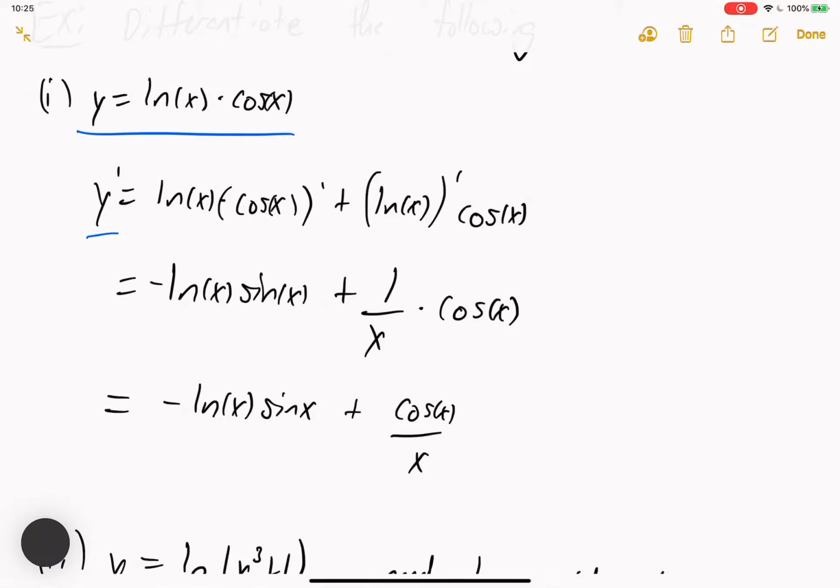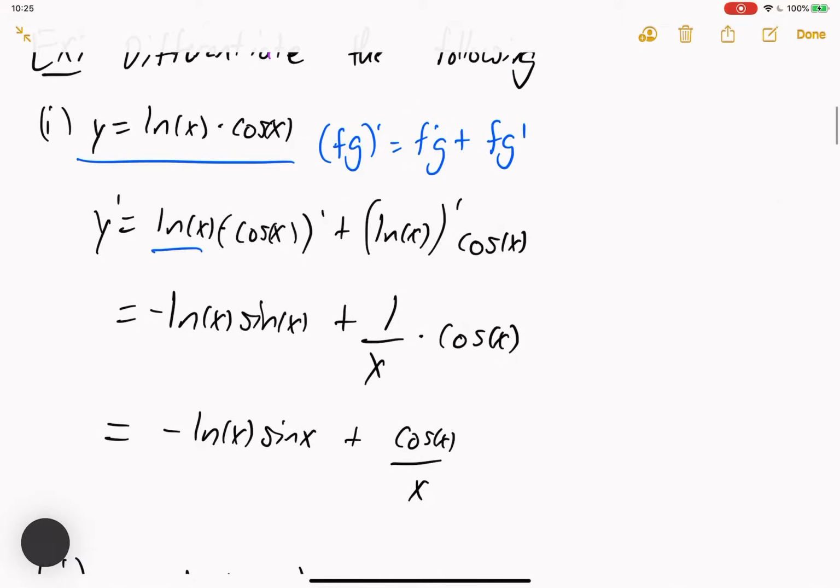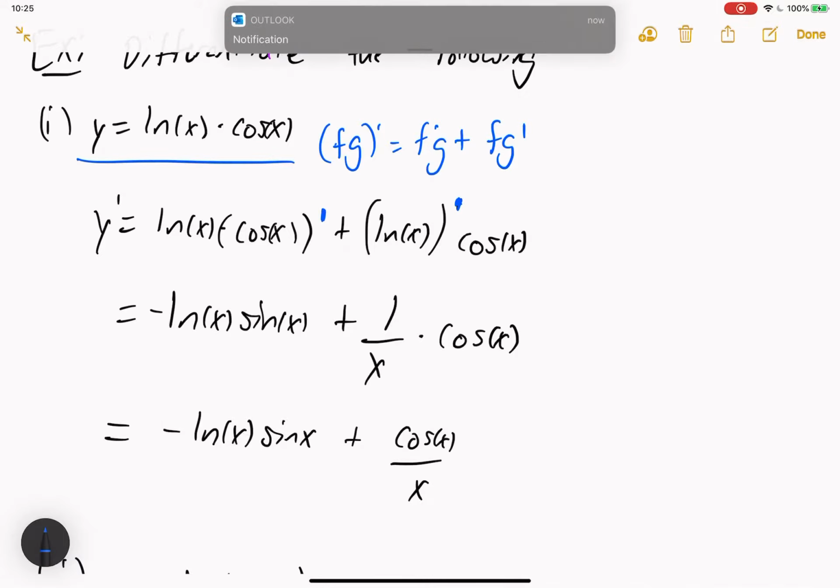We get y prime. Remember, this is going to be the product rule: the derivative of fg is f prime g plus f g prime. So you keep one the same, take a derivative, then you add the vice versa of that. Here we keep ln of x the same, times the derivative of cosine of x, plus the derivative of ln of x times cosine of x.